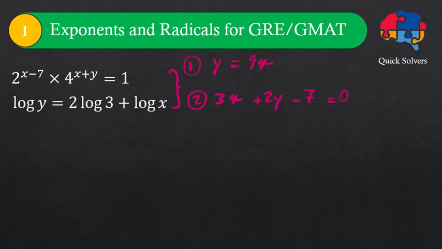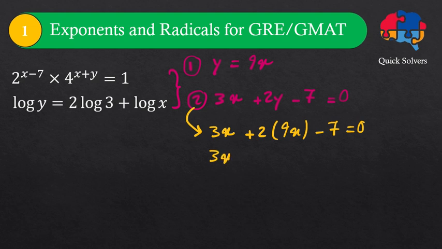If I replace the first into the second, I will get 3 times x plus 2 times 9 times x minus 7 is 0. This tells me that 3 times x plus 18x minus 7 is 0, which says that 21 times x minus 7 is 0.